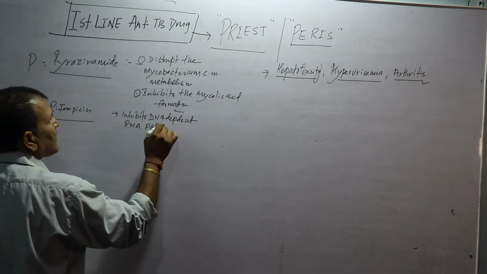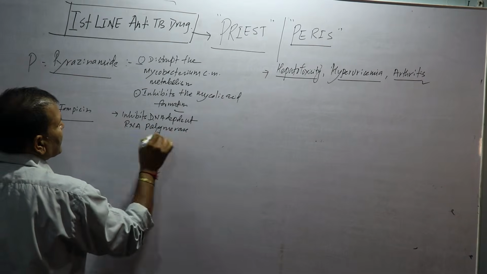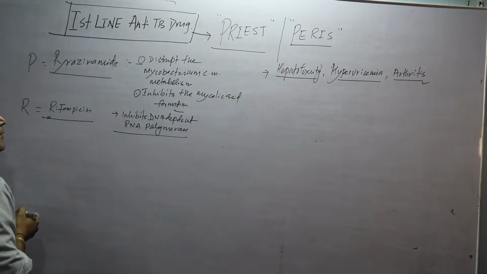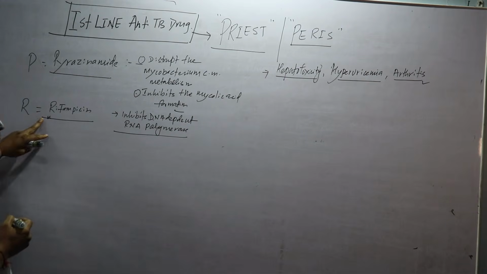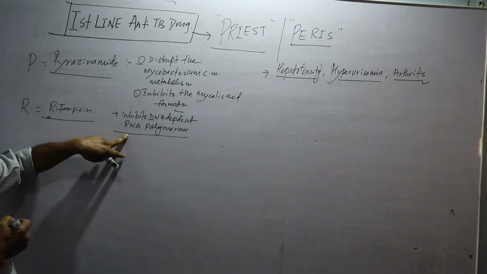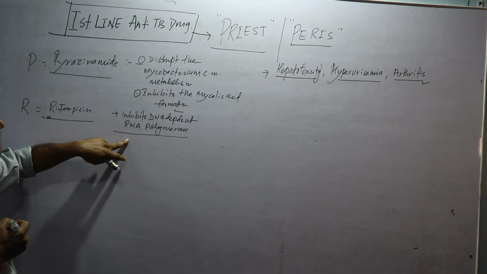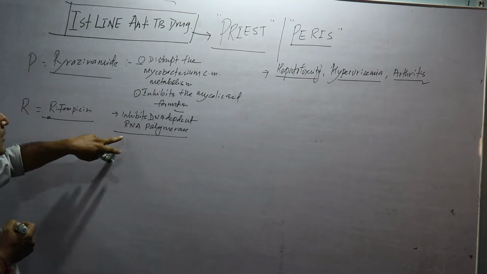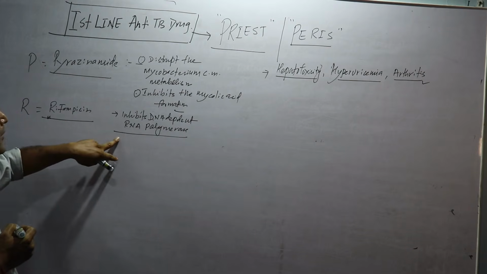RNA polymerase is needed for the transcription process. Rifampicin inhibits DNA-dependent RNA polymerase, which means it inhibits and stops the transcription process.